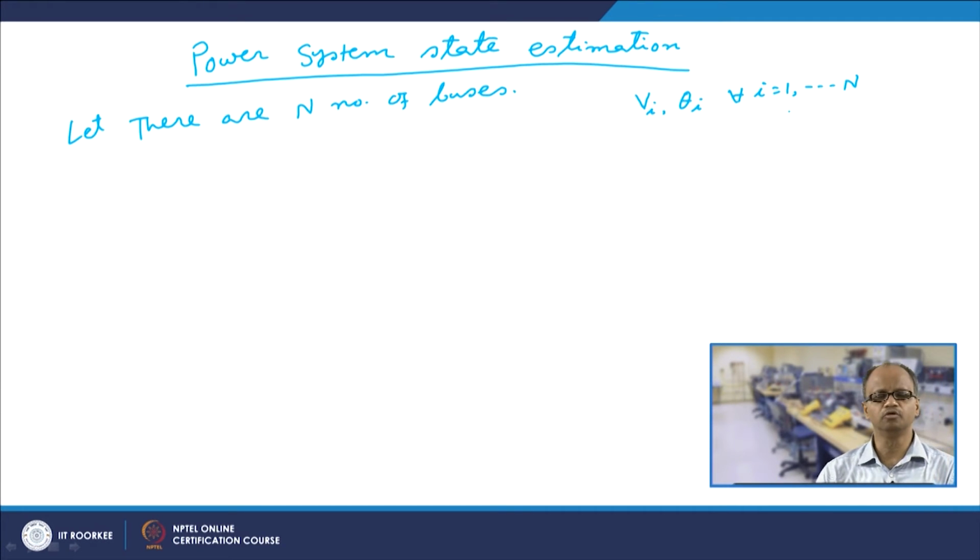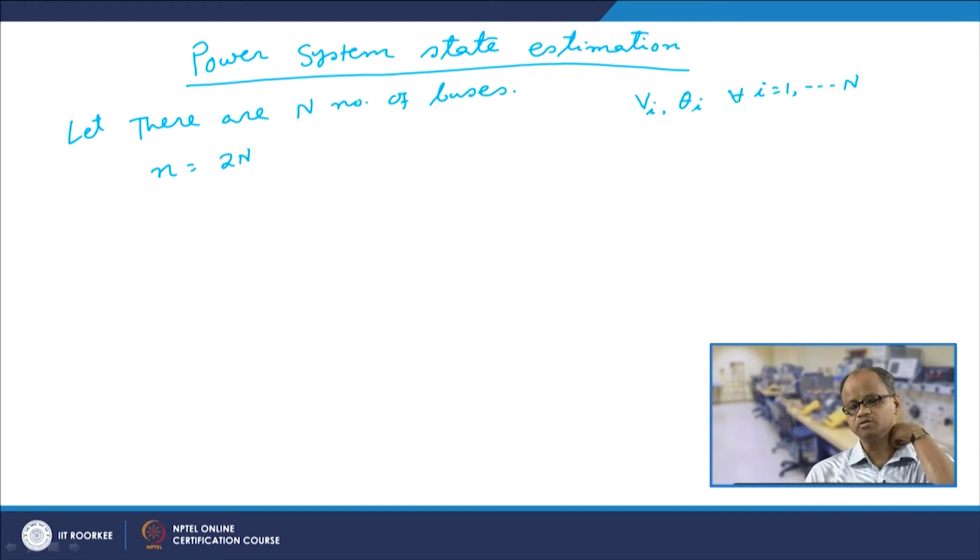So, when we are talking about estimating the states of any power system, we can take V i and theta i for all the buses to be the states. So it appears that we have total number of states equal to 2 N, because at each bus we have a voltage magnitude and an angle.